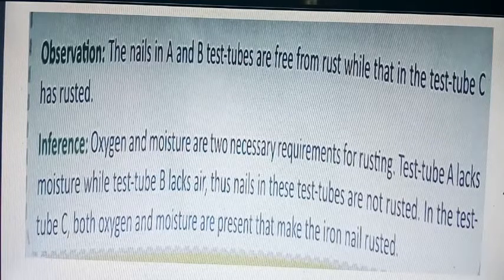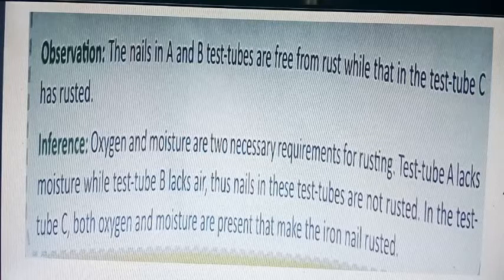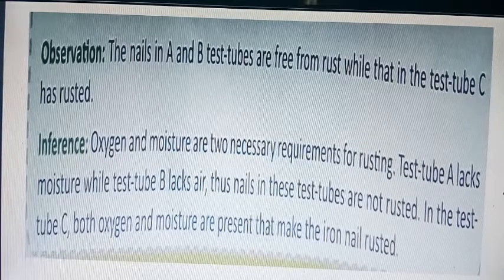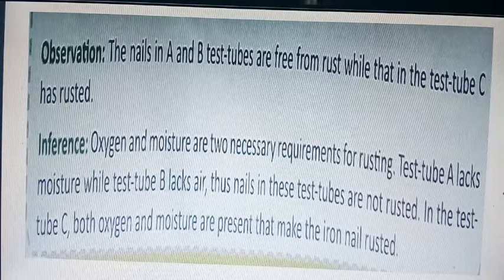Why? Because iron does not rust in dry air, and iron does not rust in boiled water too.